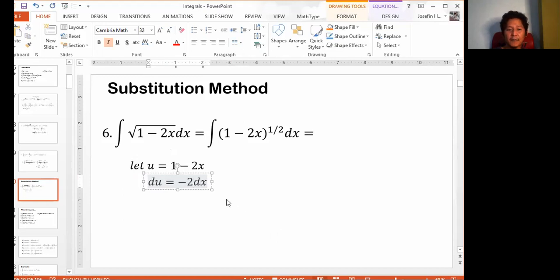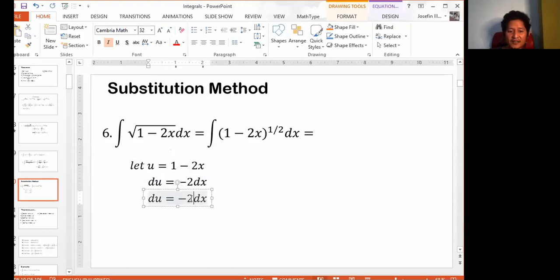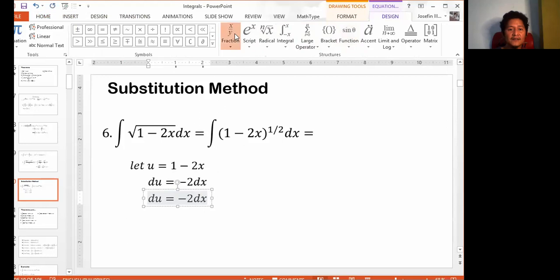Now, notice I can actually solve for dx. I can divide both sides by negative 2. So mawawala na yung negative 2 dito.